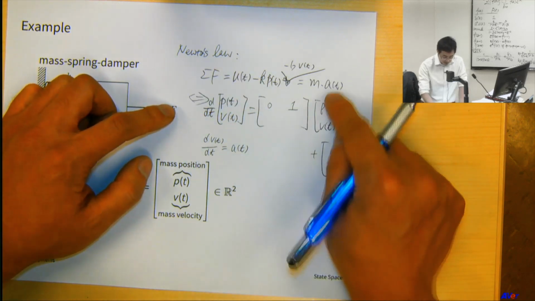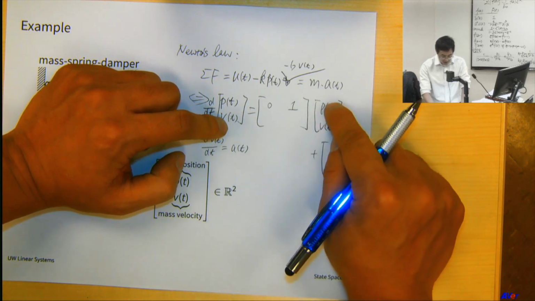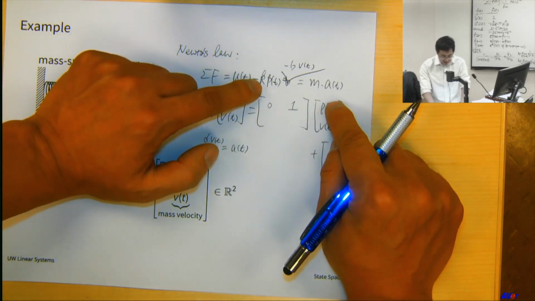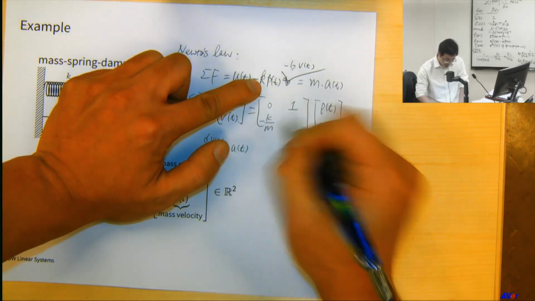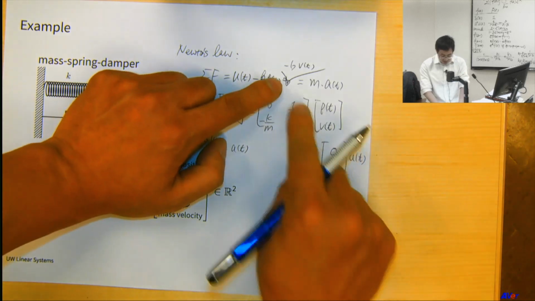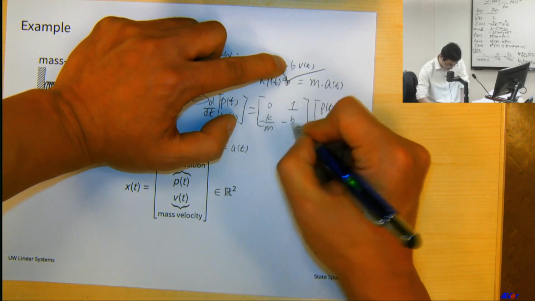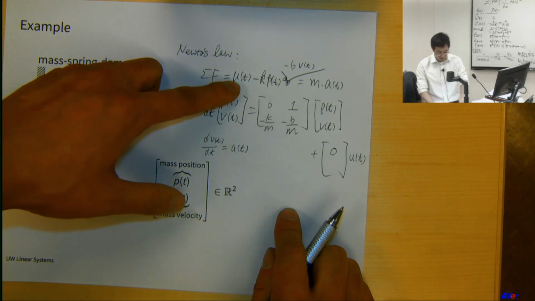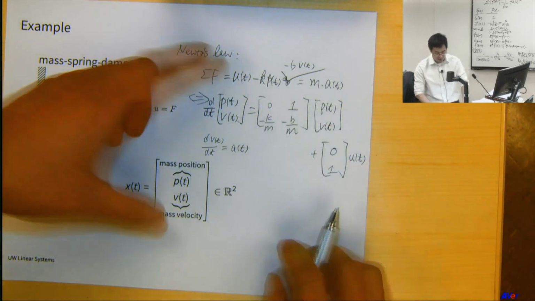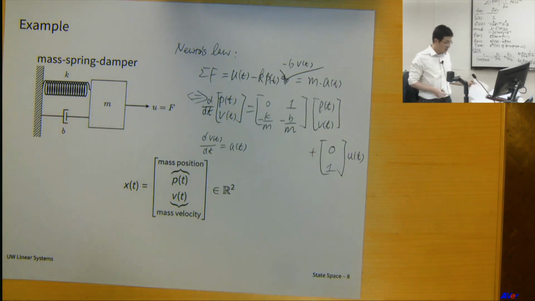We can write a is going to be equal to, let's talk about p first, negative k divided by m times p, plus negative b divided by m times v. And it also depends on the input u. So plus 1 times u(t). So that is the state equation.